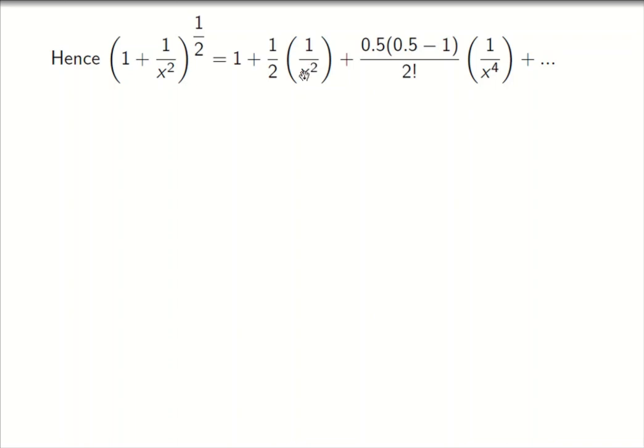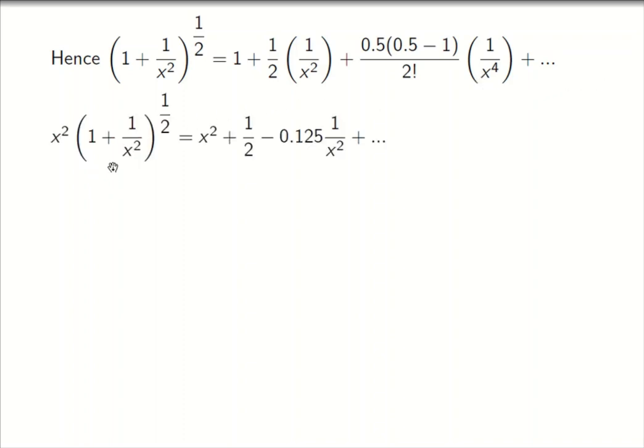Then it becomes x to the power 1, where our x here is 1 over s squared, so this to the power 1. And plus n into n minus 1, n is what? Half, which is 0.5, over 2 factorial. Then x to the power 2. Here our x is 1 over s squared. When you put 1 over s squared to the power 2, we get 1 over s to the power 4, plus dot dot dot, right?